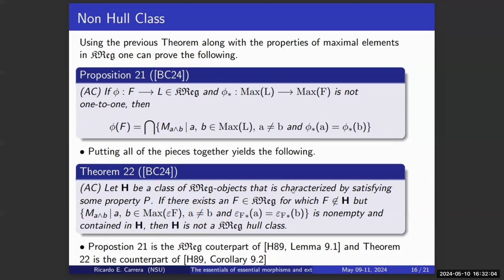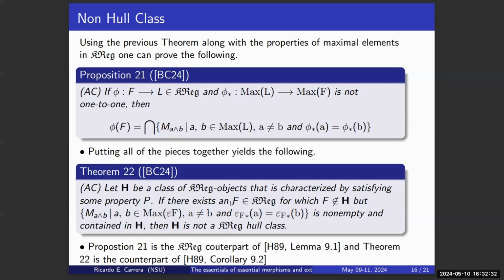Let H be a class of kReg objects that is characterized by satisfying some property P. If there exists an F in kReg for which F does not belong to H, but if you look at all these subframes inside the absolute, if this is a non-empty set and it's contained in H, then H cannot be a kReg Hall class. Why not?